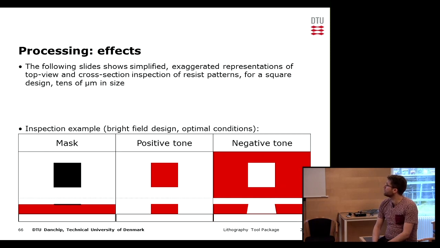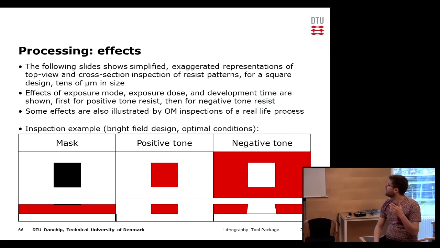What I want to show you here is I've made some drawings that are supposed to represent looking from the top on the resist and also the cross-section. And what we are looking at is the resist patterns where the design is a fairly large square. So several tens of microns in size.